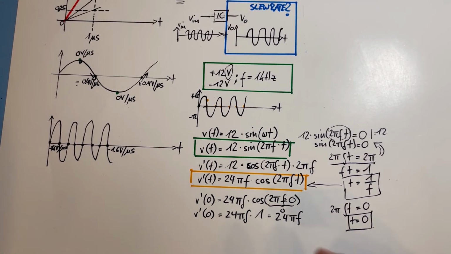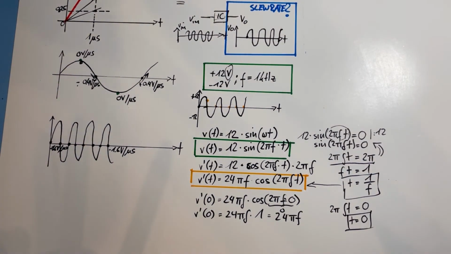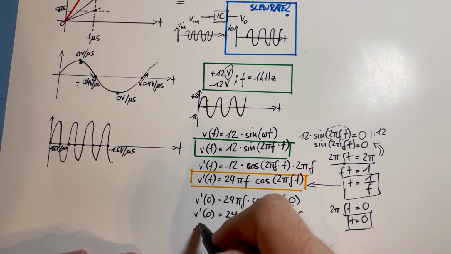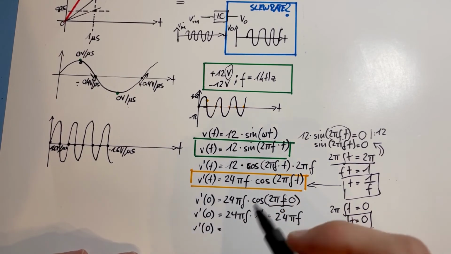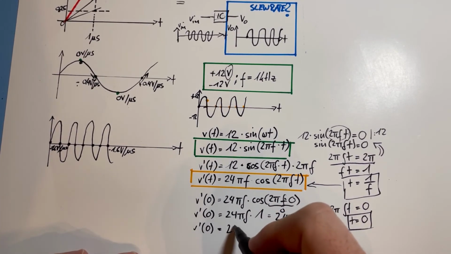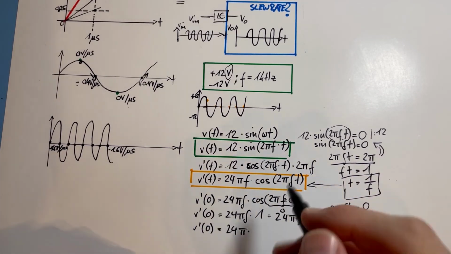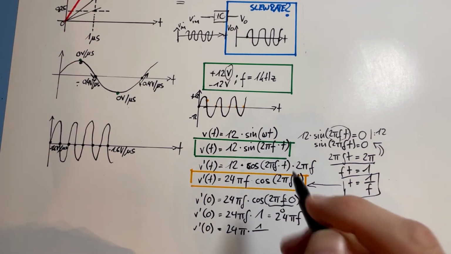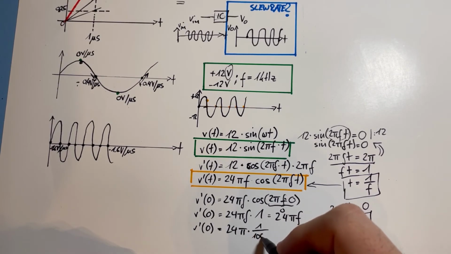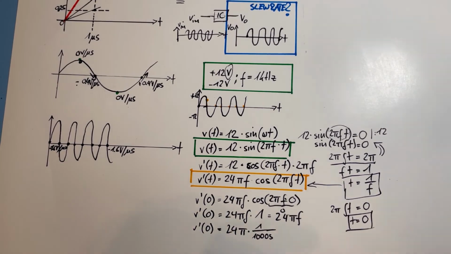And what is 24 pi f? So v dash of 0 is 24 pi times, and the frequency is 1,000 per 1 second.